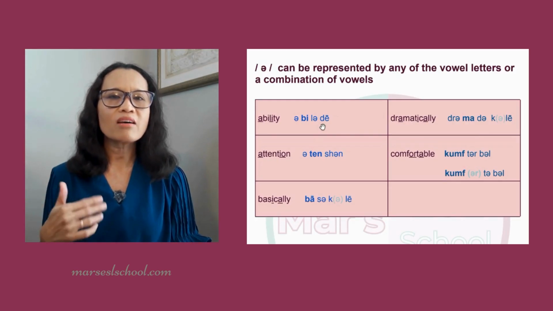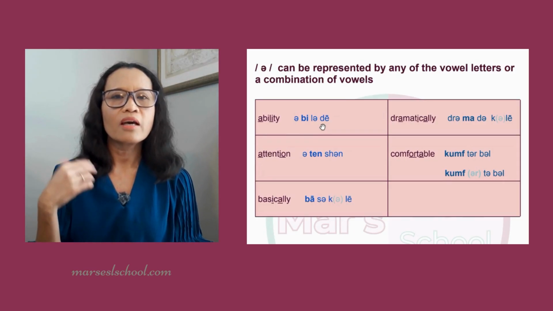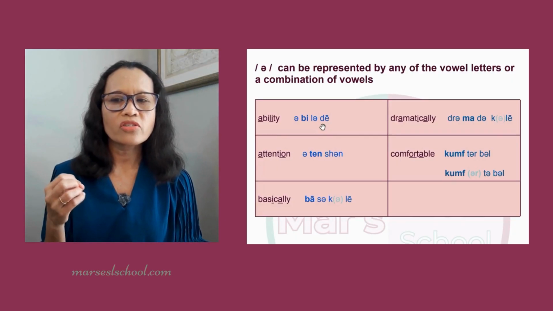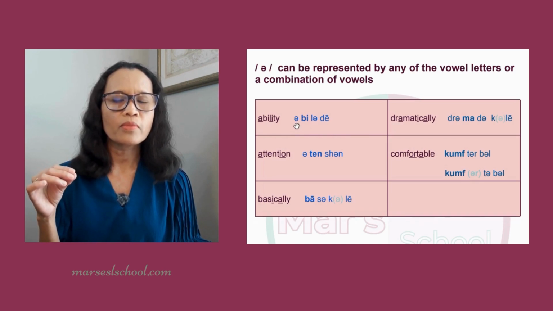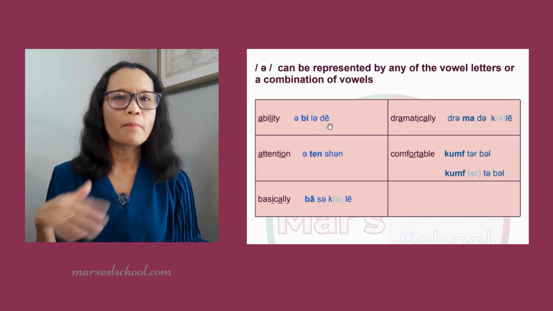So instead of saying ability with a T sound, you'll hear a very quick D sound. That's your reduced first syllable, and then you have the third, L, and then D. Ability.